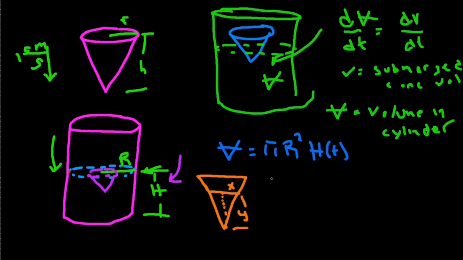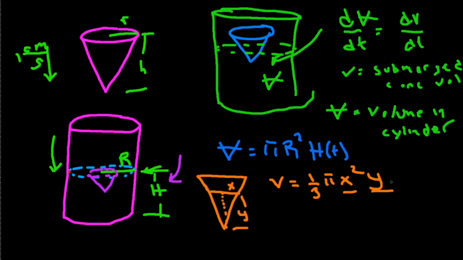So the volume of the submerged part of the cone is equal to a third, since that's a circular cone, times pi x squared y. Both x and y are functions of time, because as you submerge the cone, the radius changes and the height changes. So this is not going to make it very easy for us because we have two variables here.